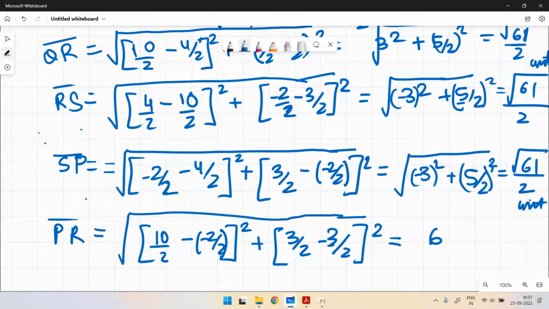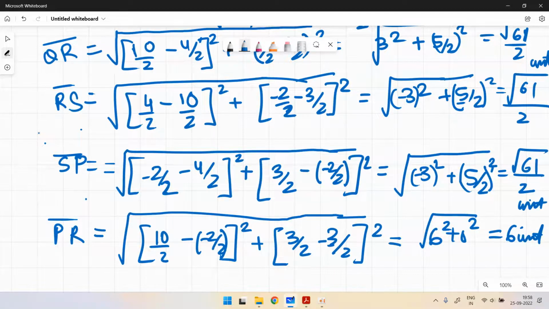So this is 6 square plus 0 square under root, which is nothing but 6 unit. PR is 6 unit.